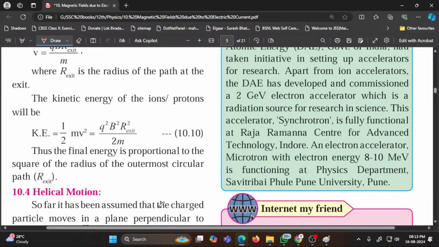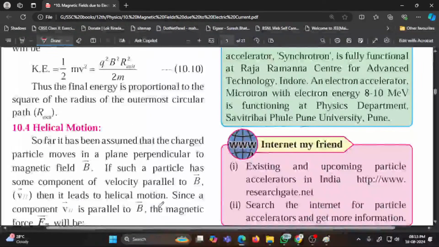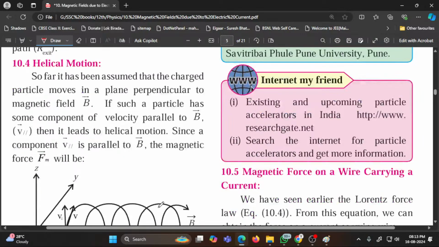Apart from ion accelerators, DAE has developed and commissioned a 2 giga electron volt electron accelerator, which is the radiation source for research in science. This accelerator, synchrotron, is fully functional at Raja Ramanna Centre for Advanced Technology, Indore. An electron accelerator, microtron, with electron energy 8 to 10 mega electron volt is functioning at Physics Department, Savitribai Phule University, Pune.